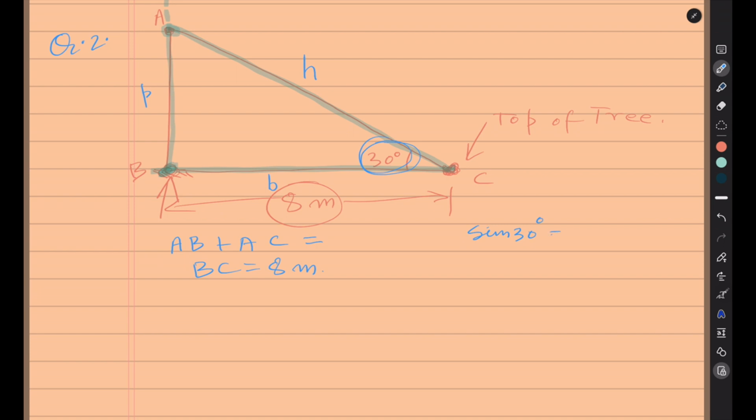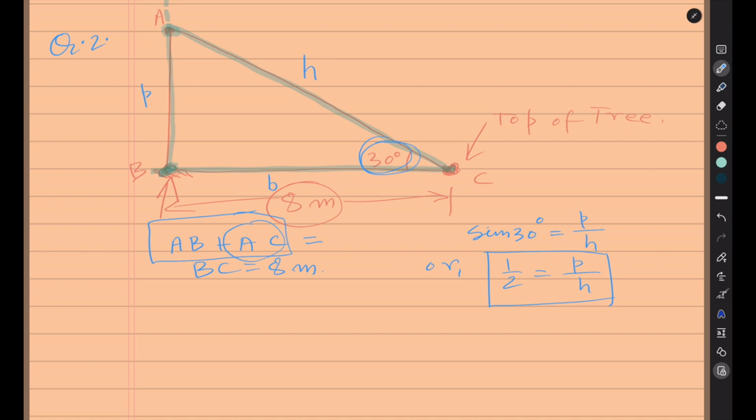Sine 30° will be P by H, or 1 by 2 is equal to P by H. But we don't know either P or H. But this will be a useful relation because we need to find H in order to find the whole height of the tree, isn't it?